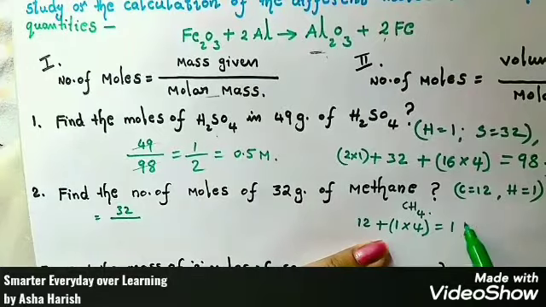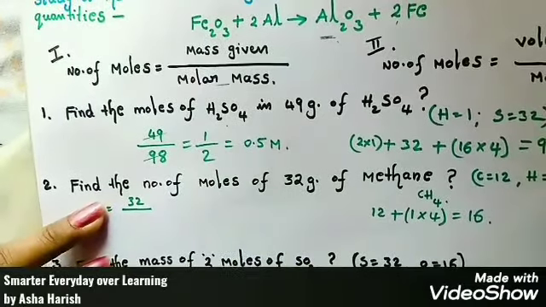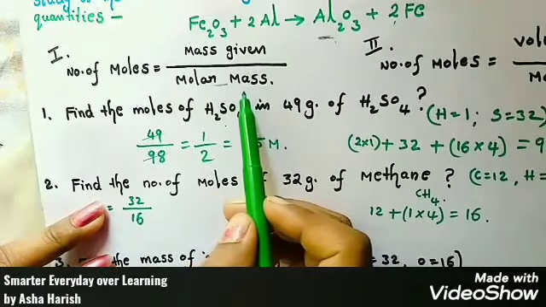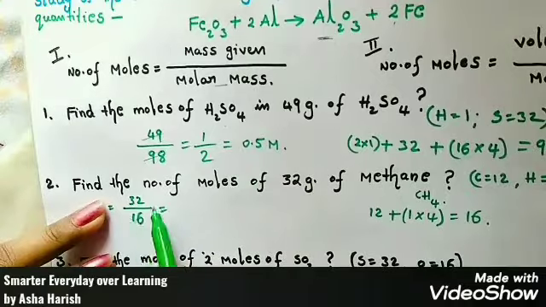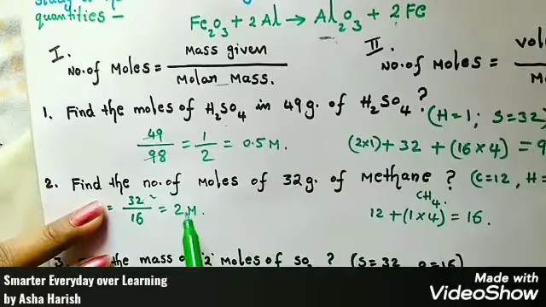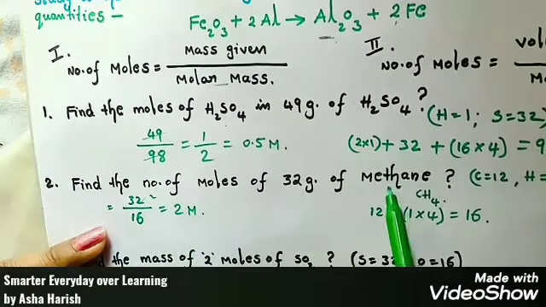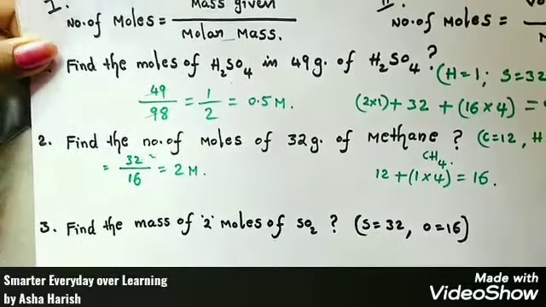So students, that is 16. So if you write that 16 here in the place of molar mass, you can simplify this, and you should get 2 as the answer. 2 moles are present in 32 grams of methane. That is the answer. So let's start the next question.